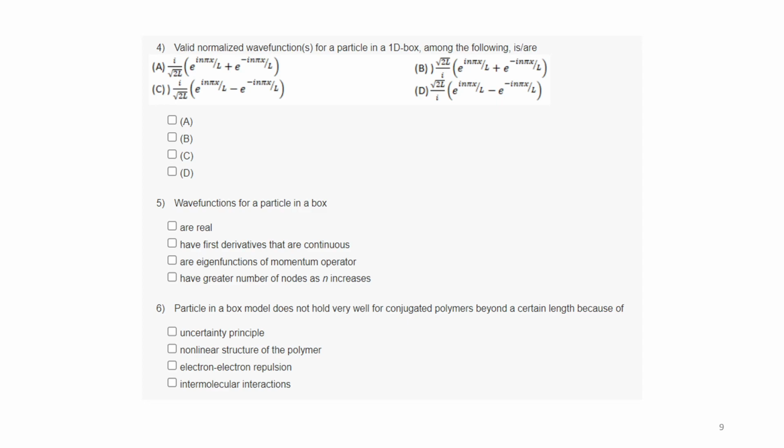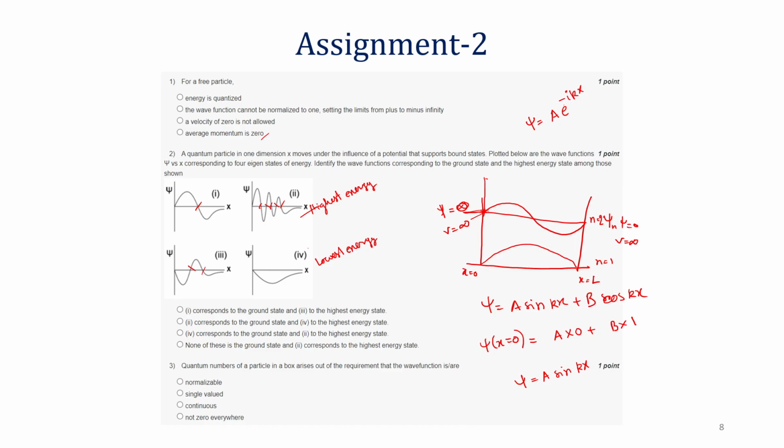Do you want to give any input on question number 3? Should we go for two answers, or is Avinash correct that normalizable is the only thing? I actually didn't think about the normalization. I remembered that while we derived the particle in a box problem, we used that continuity should be implied because of the Born interpretation, and from there we implied b equal to 0 and then quantized.